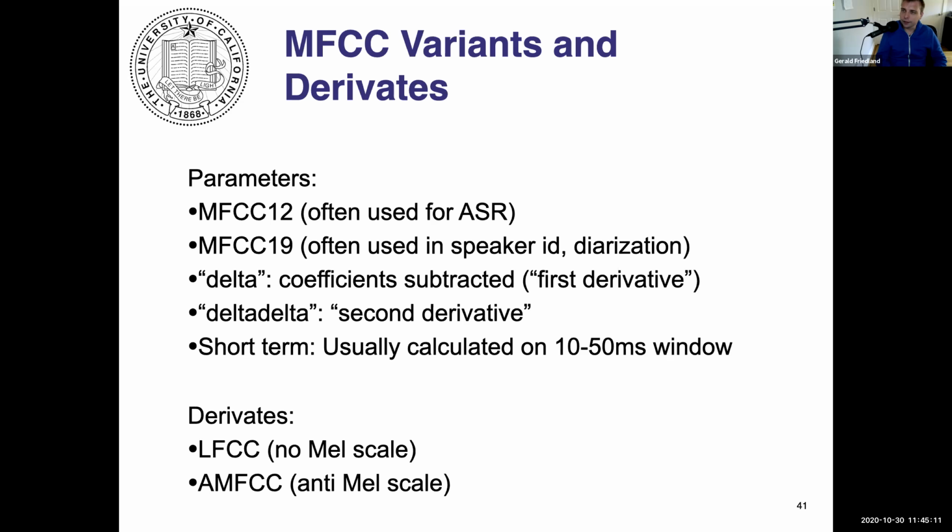I created a speaker ID system where we used LFCC, no Mel scale, just linear frequency cepstra. So all we did was the same transform, except we left that Mel frequency scaling out. And then we said, okay, what if we do anti-Mel scale? So we basically make everything bigger that is not perceived and everything smaller that is perceived. We just reverse the Mel scale.